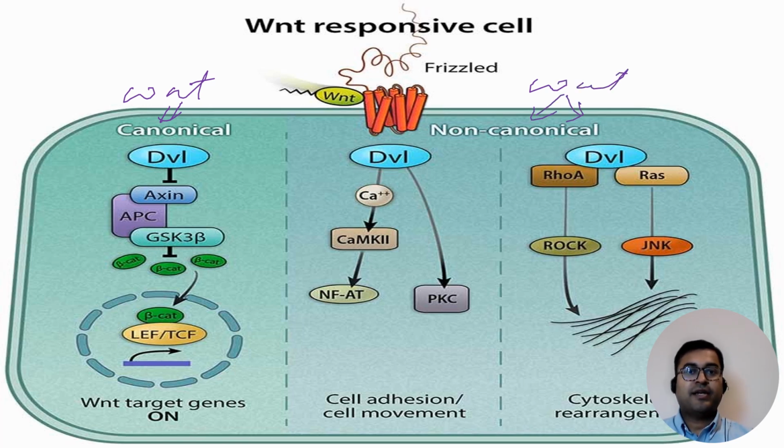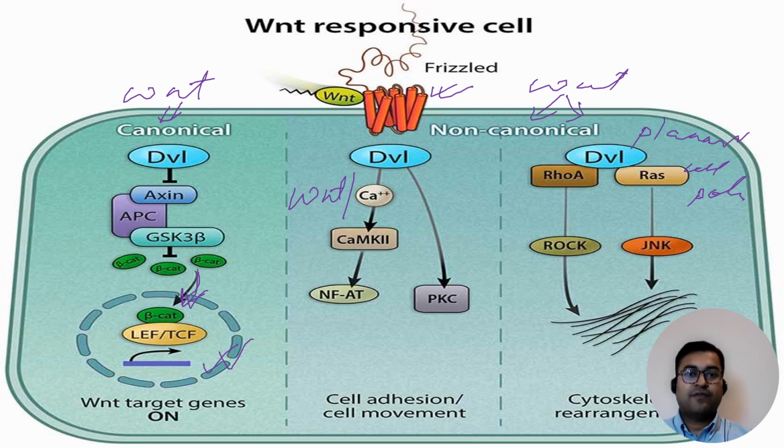So when the Wnt ligand binds to this Frizzled receptor, in the canonical pathway, this will lead to translocation of beta-catenin from the cytoplasm into the nucleus and activation of the Wnt target genes. In the non-canonical pathway, this might be the Wnt Ca2+ subtype, or this might be the planar cell polarity subtype.